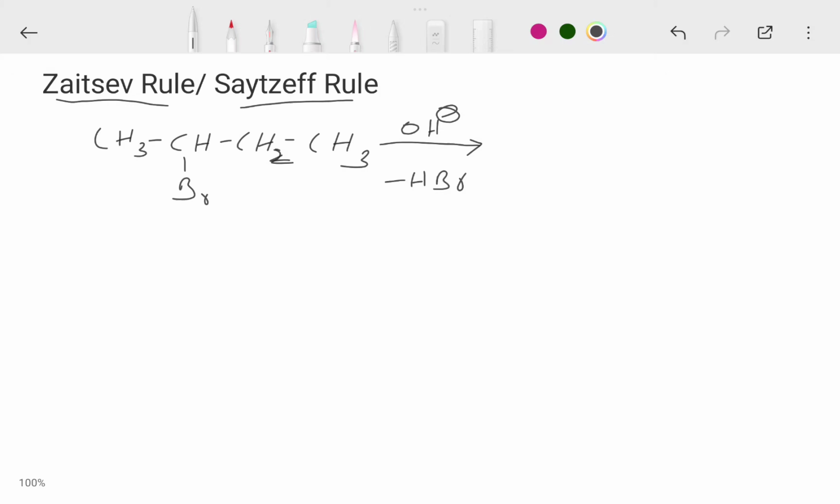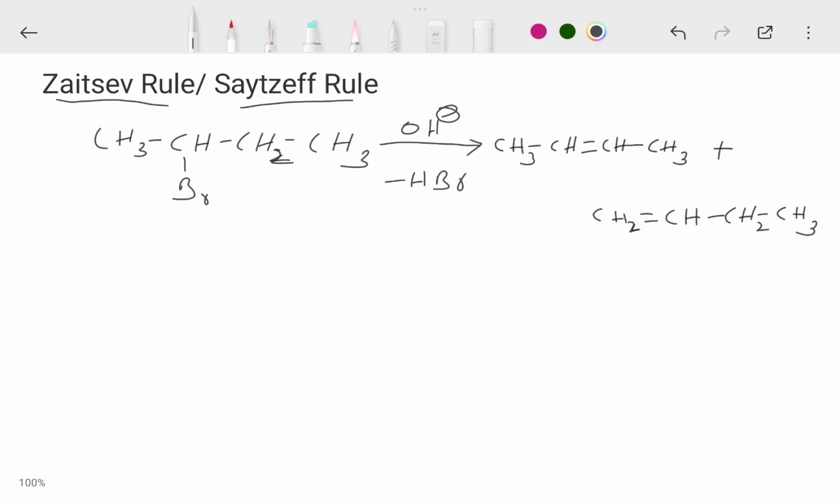For example, here two types of products are possible. One is CH3 CH double bond CH CH3, and one more product is CH2 double bond CH CH2 CH3.